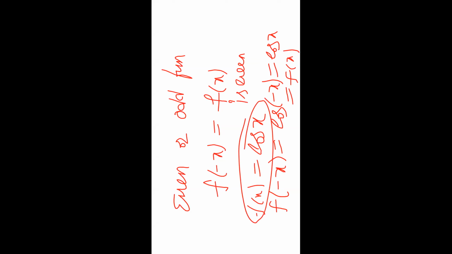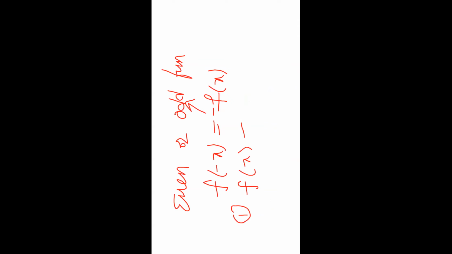When we replace x by minus x and get the same function f of x, it is called an even function. The best example of an even function is cos. Cos is always even because cos of minus theta equals cos theta. Then go to the odd function.